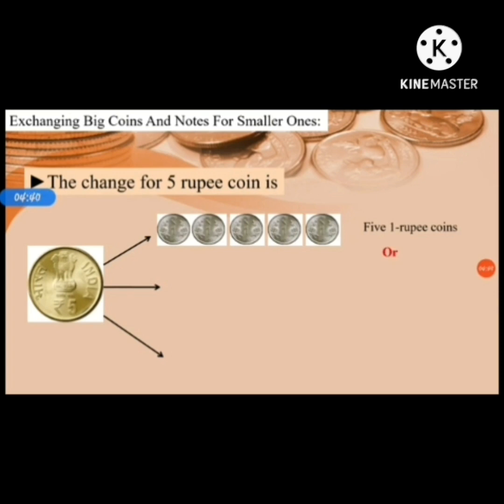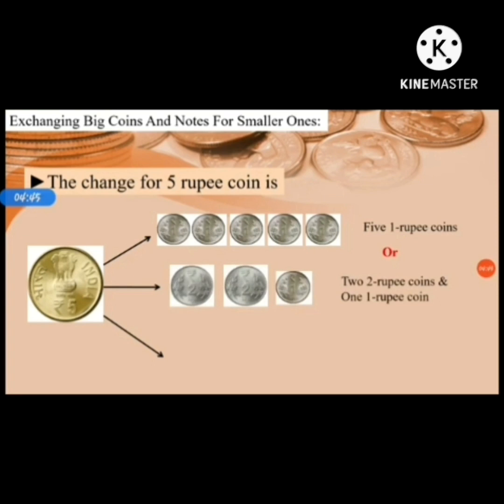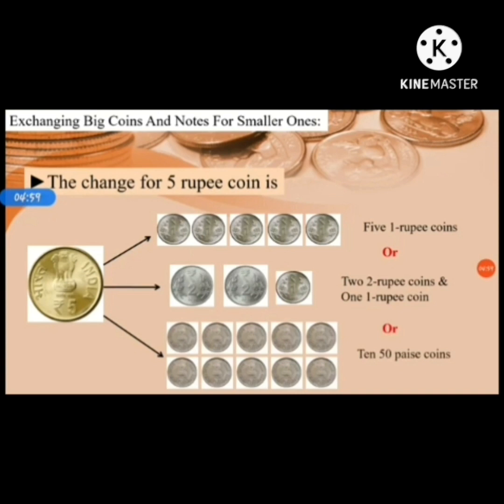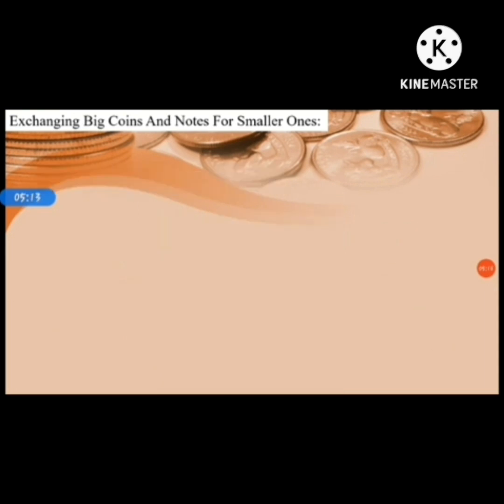Or 2 coins of 2 rupees and 1 coin of 1 rupee, so 2 plus 2 is 4, plus 1 is 5. Or we can take 10 coins of 50 paise, then we'll get 5 rupees. Okay, clear? Now move to the next.